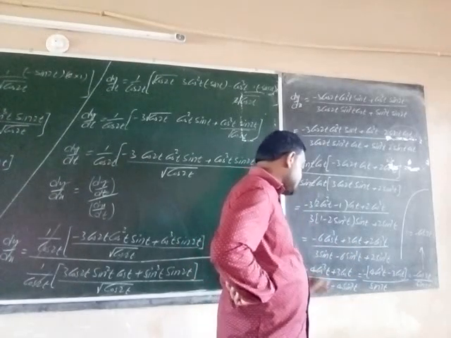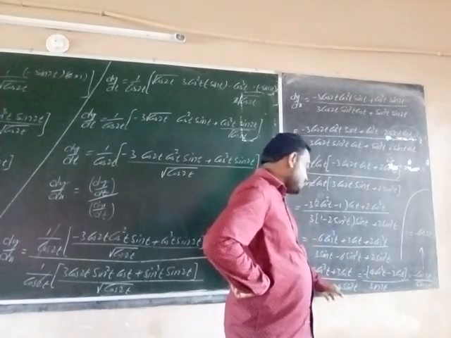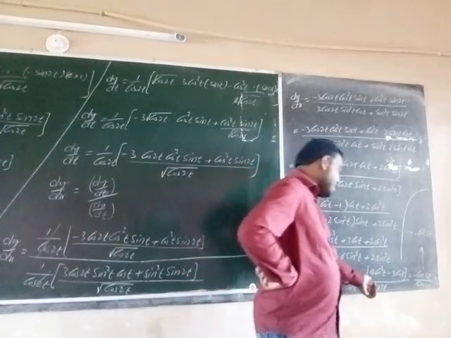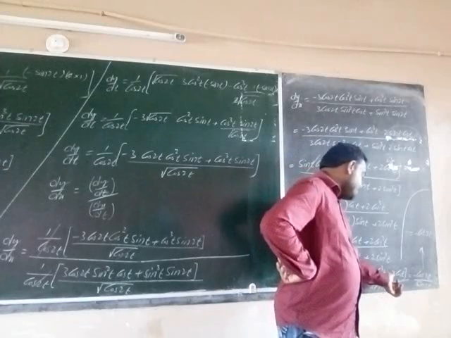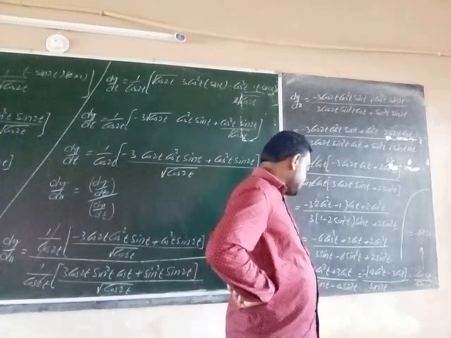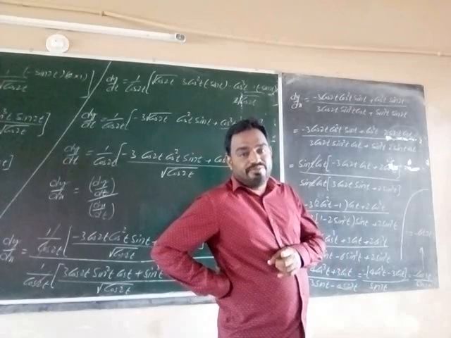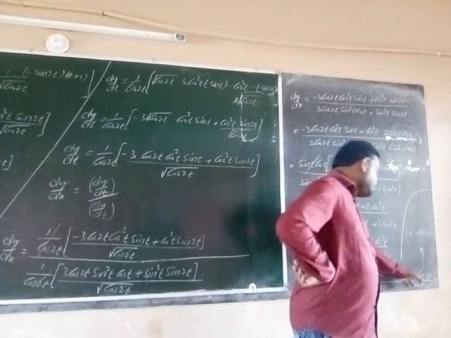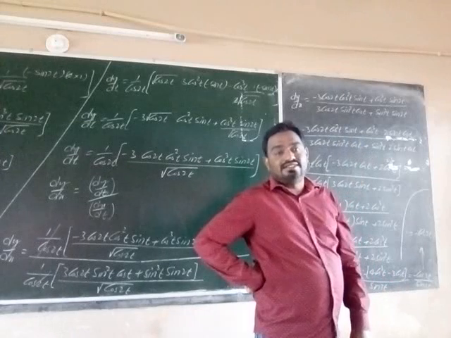Denominator: 3 sin t as it is, minus 6 sin cube plus 2 sin cube, that is minus 4 sin cube. In numerator I am taking common minus, so minus of 4 cos cube t minus 3 cos t remains. Denominator 3 sin t minus 4 sin cube t is the formula for sin 3t. And 4 cos cube t minus 3 cos t is cos 3t.